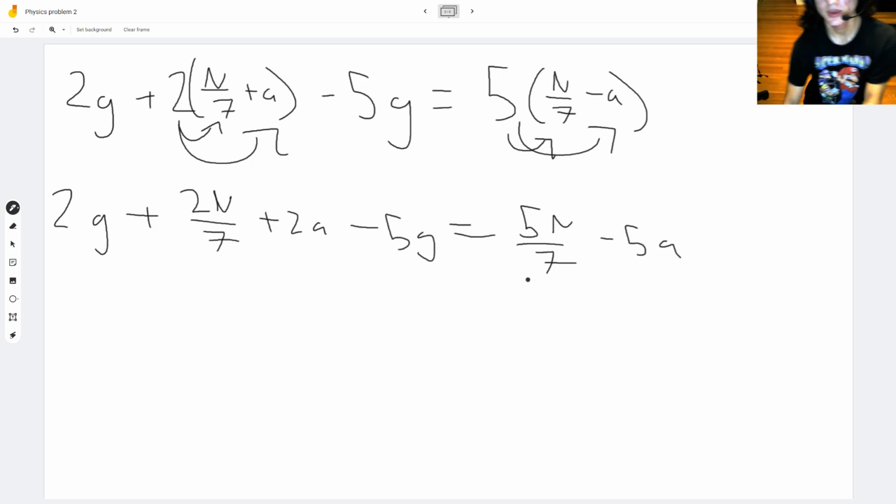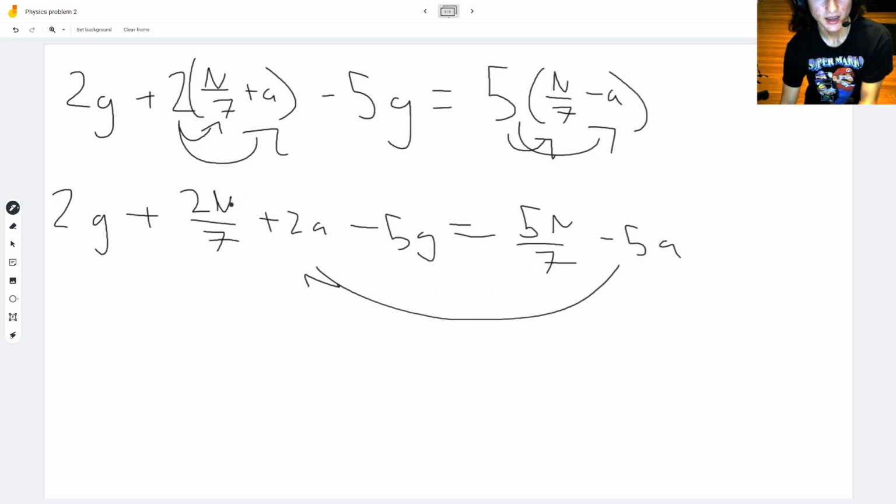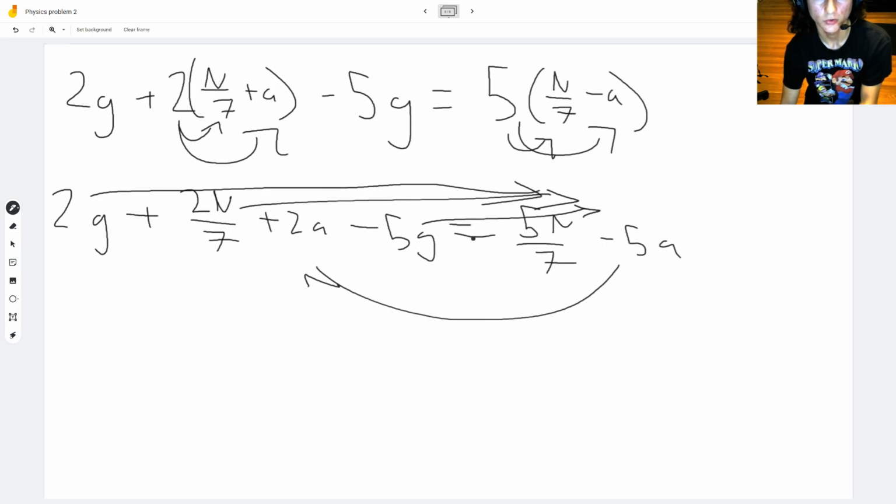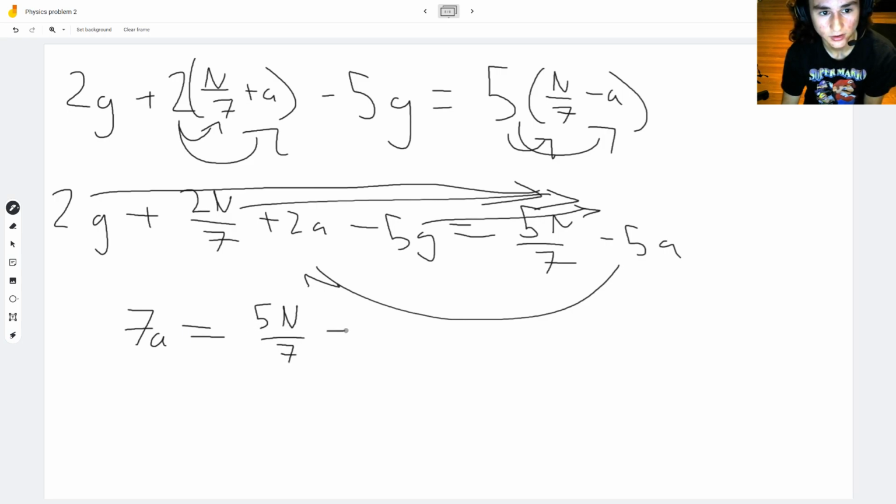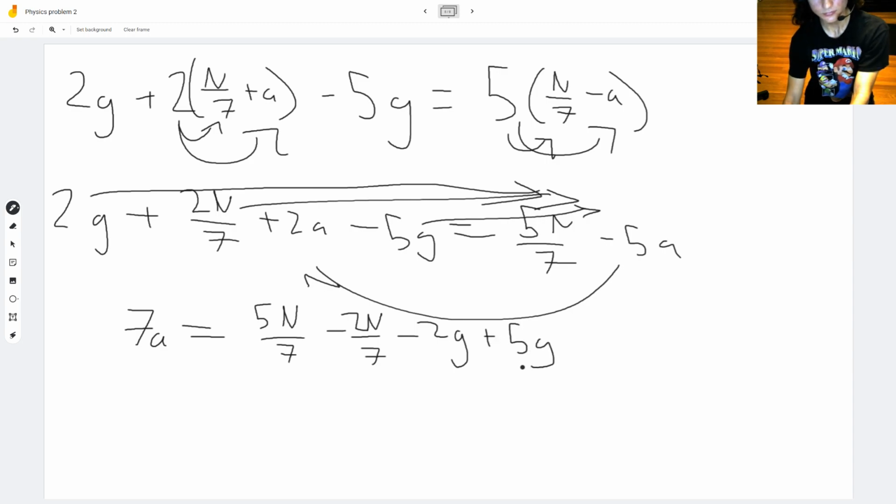From here, we can very simply solve for a by putting the a on this side, and then we're going to put everything else on the other side by adding or subtracting it. So when we finalize this, we get 7a is equal to 5n over 7 minus 2n over 7 minus 2g plus 5g. And as we notice, we have a lot of like terms.